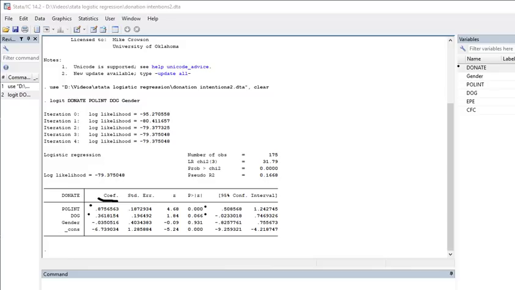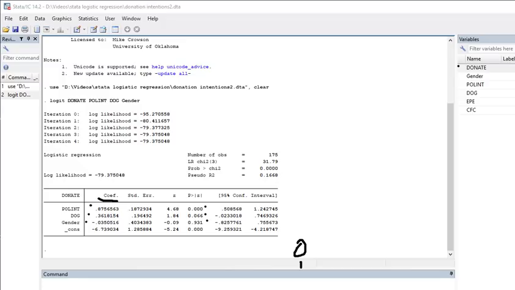The negative coefficient right here, if we remember our coding, 0 for male, 1 for female, would indicate that the probability of falling into the intention group was higher among males than among females. But that difference really was not statistically significant in the model.